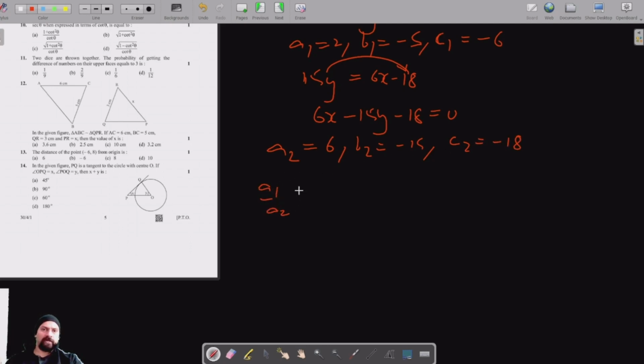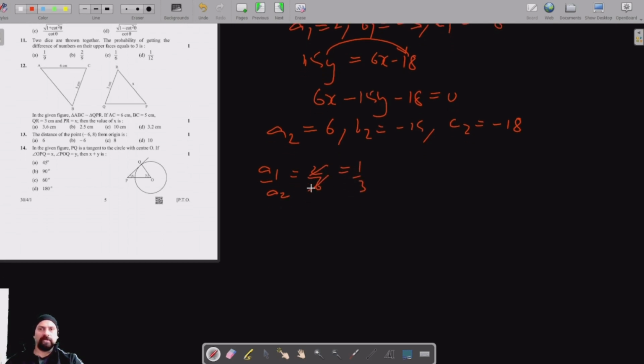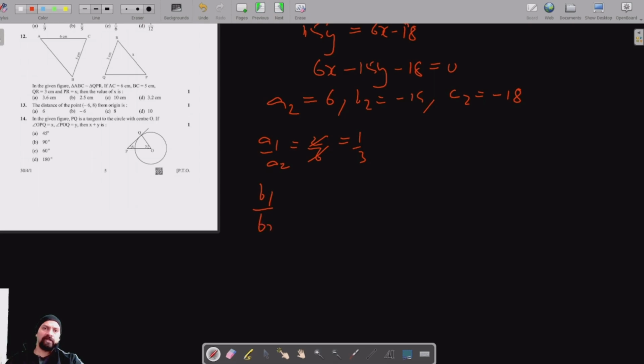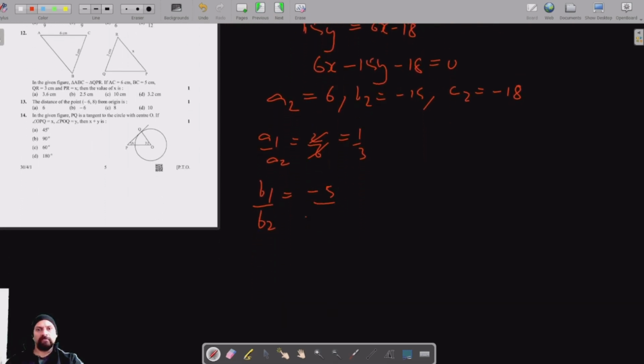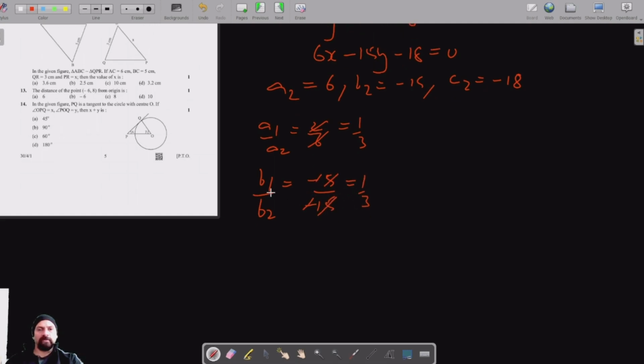So a1 by a2 is 2 by 6, which is 1 by 3. b1 by b2 is negative 5 by negative 15, which is 1 by 3. c1 by c2 is negative 6 by negative 18, which is 1 by 3.